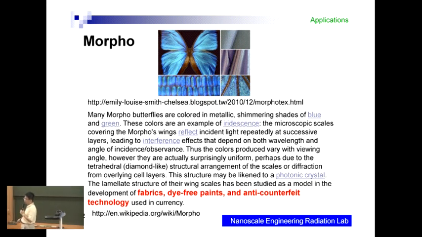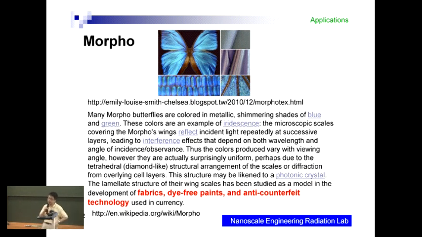So even clothes use this kind of nanotechnology. Some people like to wear this kind of clothes because it shines. And if you have a different perspective or different view angle, you will see a different color. Quite attractive.